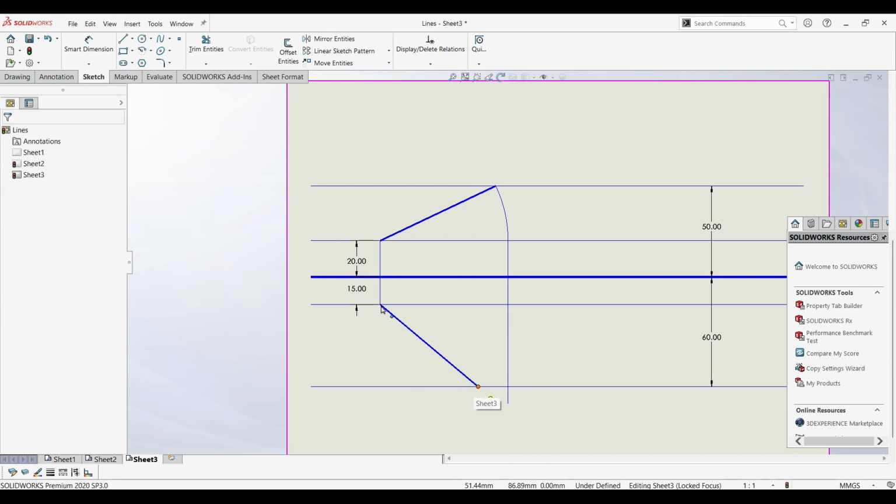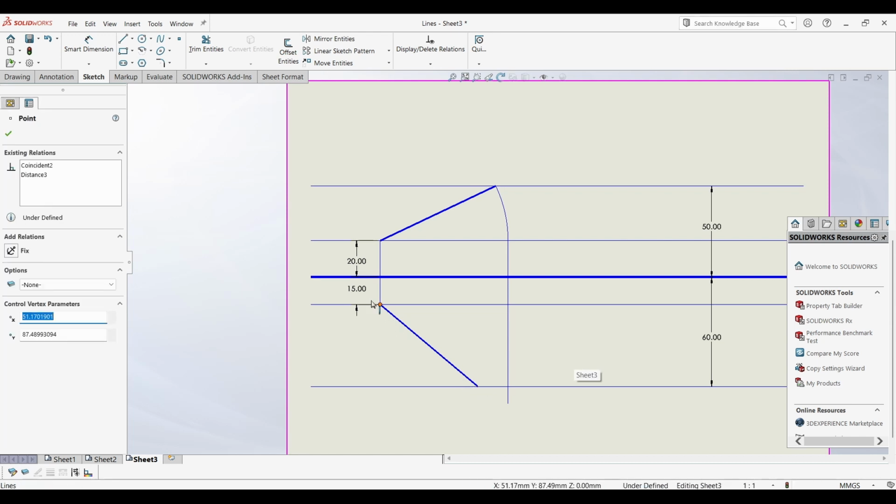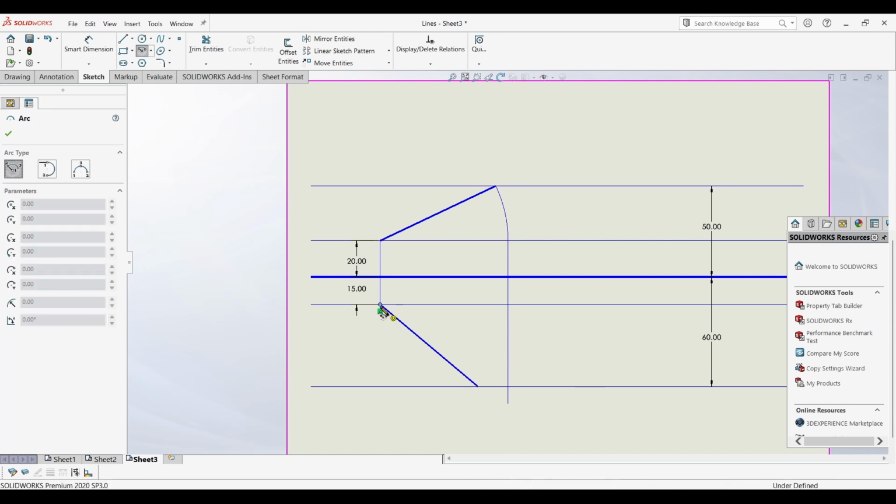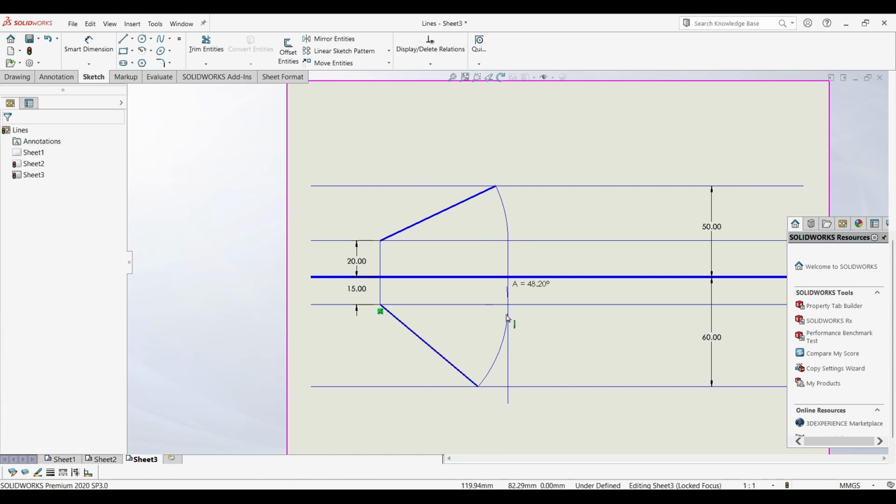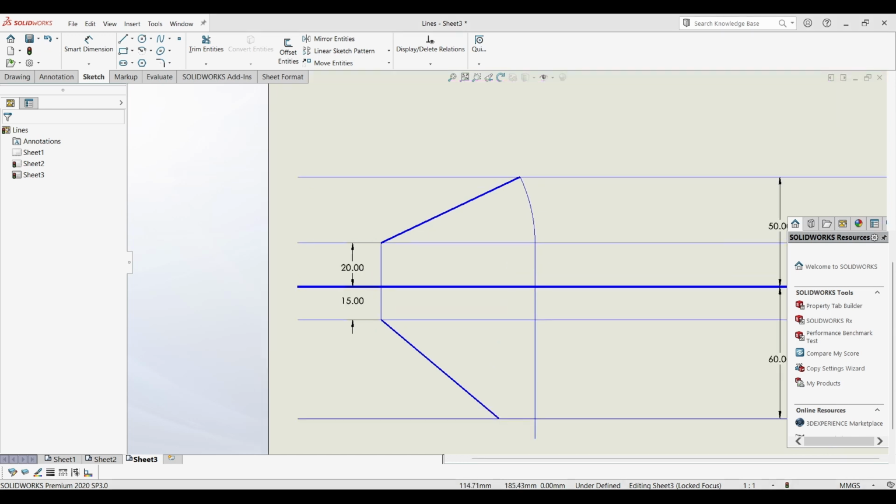Wait, sorry. Center point, arc of radius from here to here, and we cut an arc here. I am really sorry, this is not the way you do it. I'll just erase this.